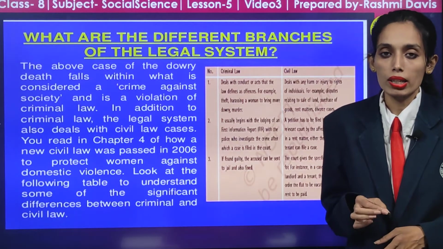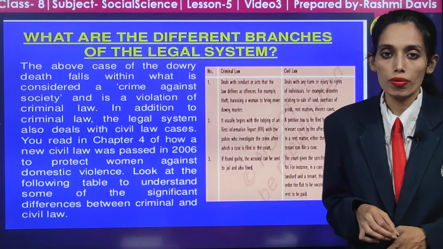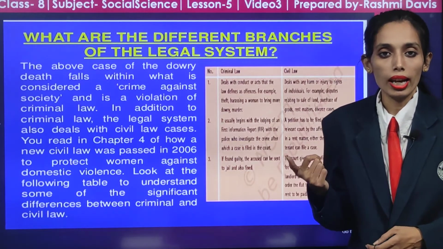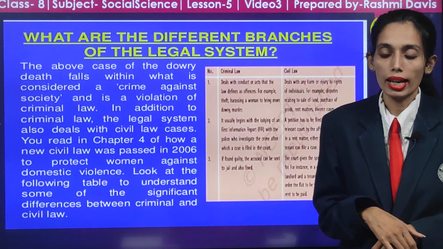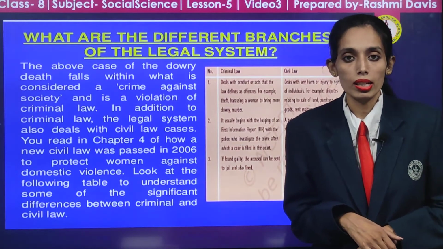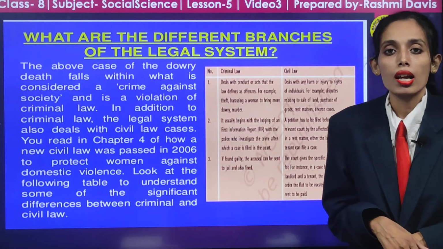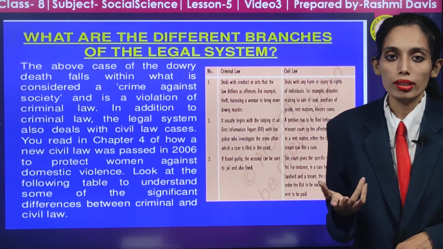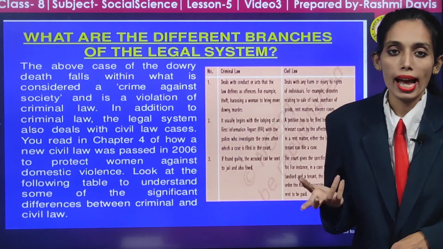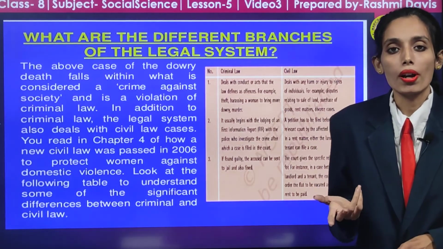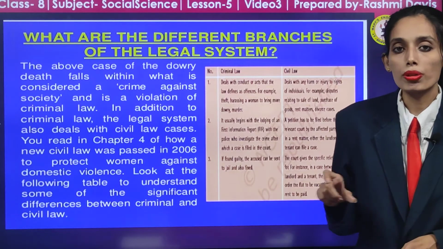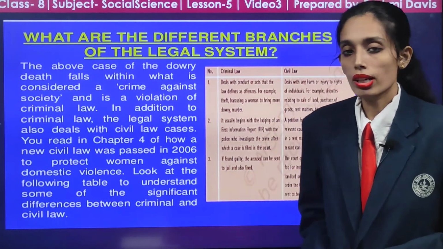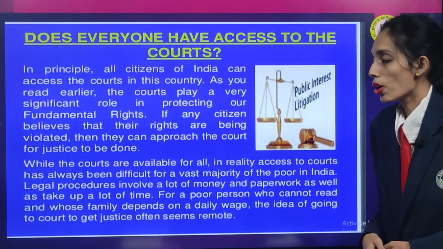If the tenant cannot pay the amount for 3 or 4 months for whatever reason, the landlord can file a case against him, and the judge can give a verdict that he has to evacuate the house or pay back the amount he has not paid till now. So this is how criminal and civil laws work.